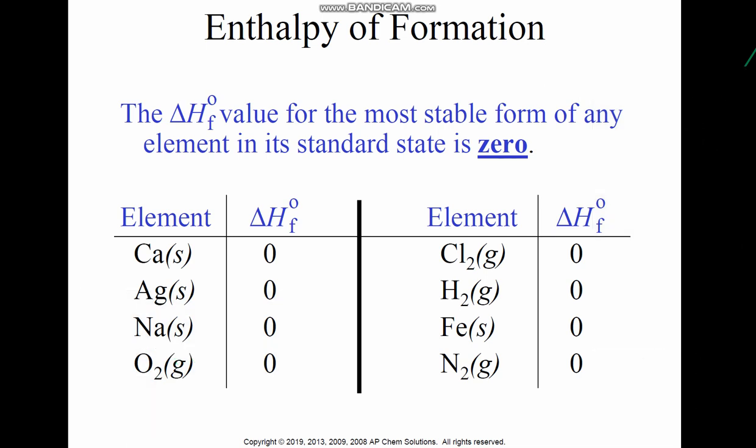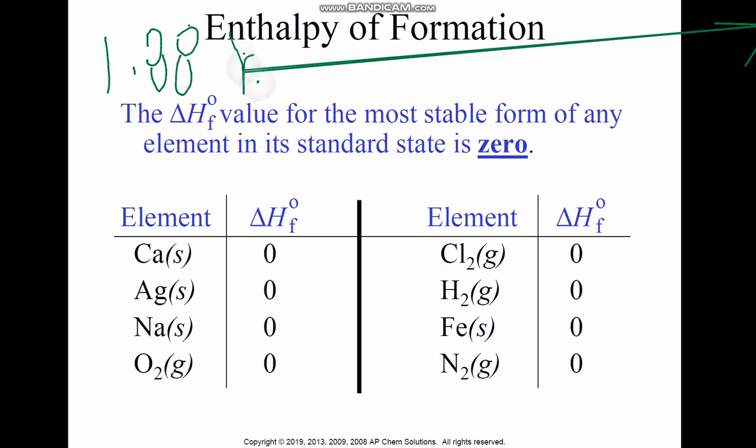The same thing can be said with carbon. Carbon is going to have a solid form at 25 degrees Celsius and 1 atmosphere, but it has two different geometries, graphite or diamond. Graphite is actually more stable under standard conditions, so it is going to have an enthalpy of formation of 0, whereas diamond is going to have an enthalpy of formation of 1.88 kilojoules per mole.